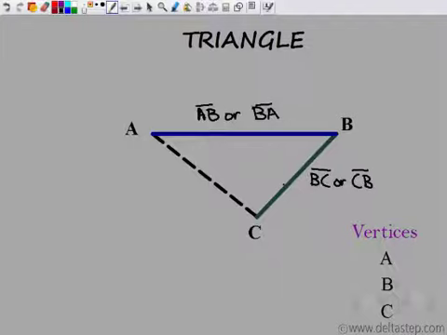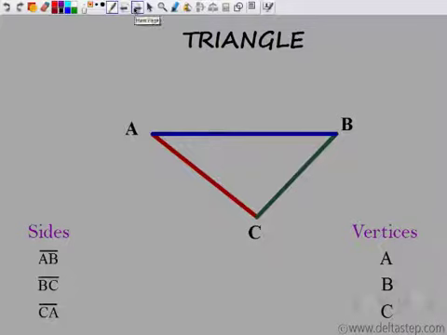This is the second side of the triangle. The third side is the line that joins C to A, or you can say it's joining A to C. So you can write it as AC or CA. So with these 3 vertices, I have 3 sides also. These are the 3 vertices, A, B and C. These are the 3 sides, AB, BC, CA. I've written them in clockwise order. You can write it BA, AC and CB also.